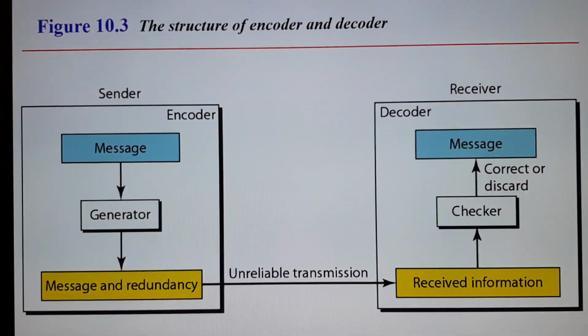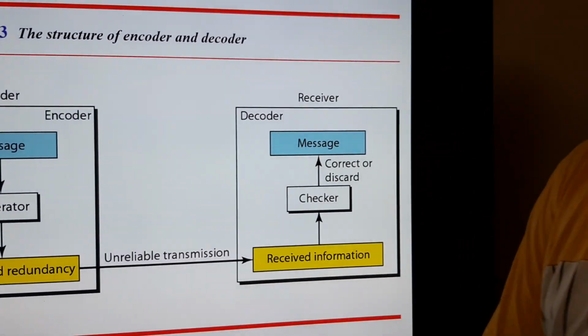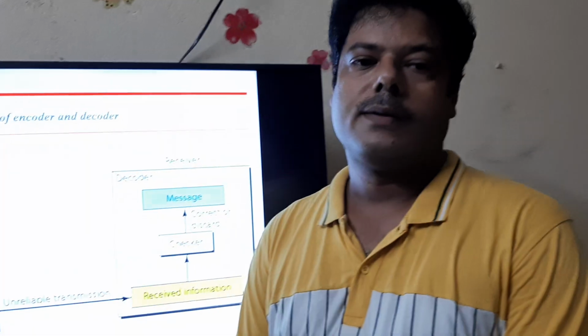These redundant bits are extra data sent with the message from the sender side, and there is a relationship between the data and the redundancy bits. At the receiver end, they check the redundancy bits and the data.